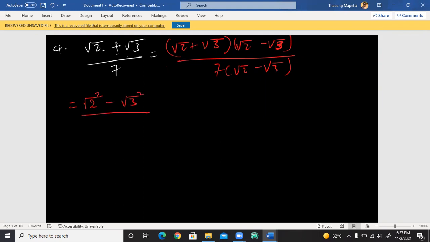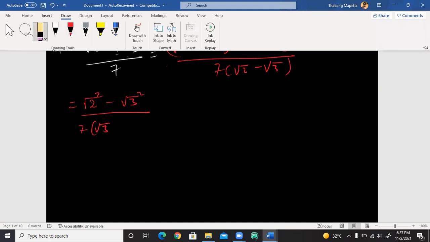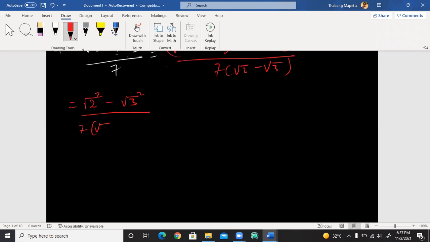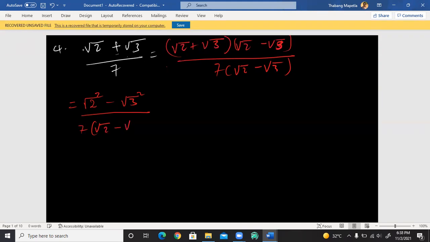I said do not mess up with the denominator, so let's leave it as it is. So it's root 2 minus root 3. Simplify above there. Power 2 cancels root, power 2 cancels root. So you're going to get 2 minus 3 over 7 times root 2 minus root 3.